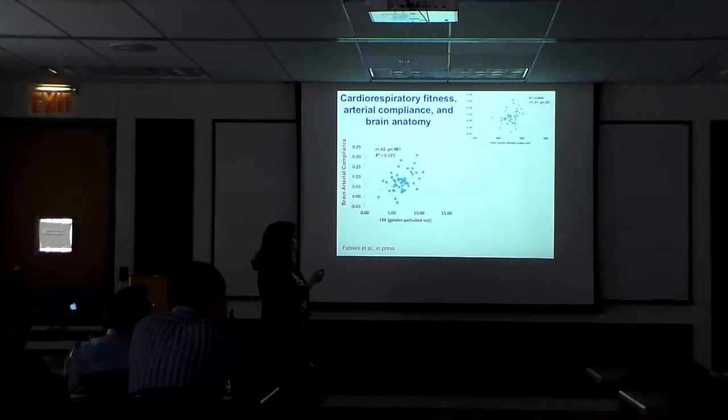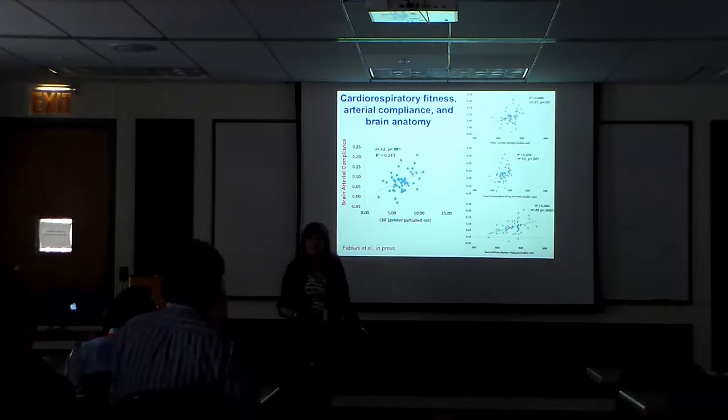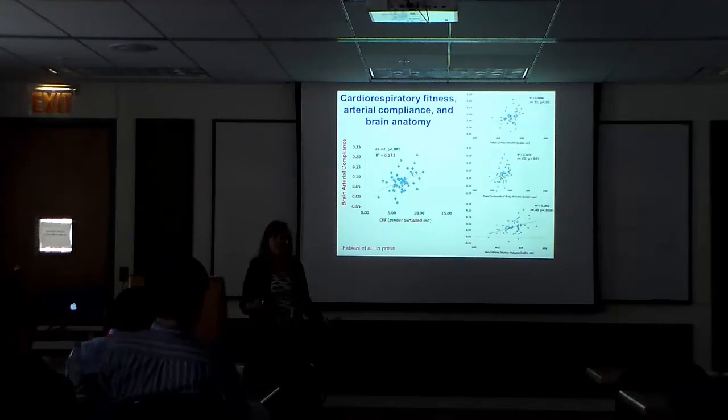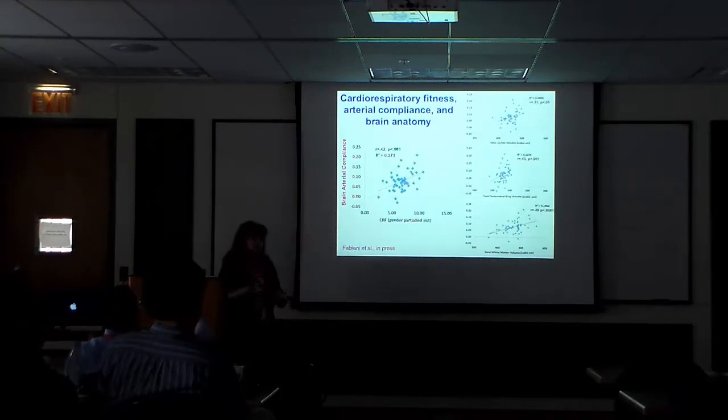People who have more compliant arteries tend to have more total cortex volume and more subcortical volume. So it doesn't only influence the cortex, it influences the health of deep tissue, including the hippocampus here. And then, especially with the white matter, the relationship is quite strong, because the white matter is not as vascularized as the cortex. And so it depends on these big arteries on the cortex.